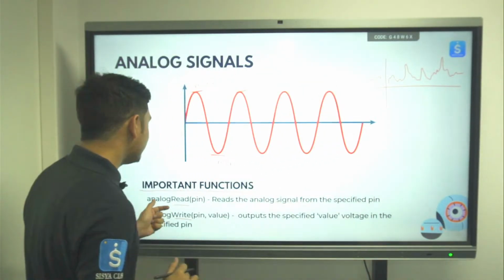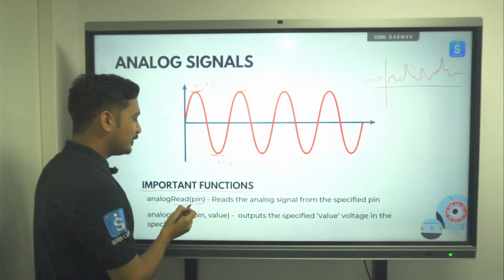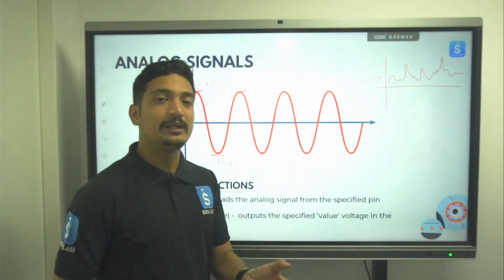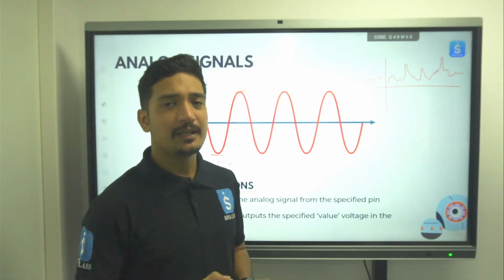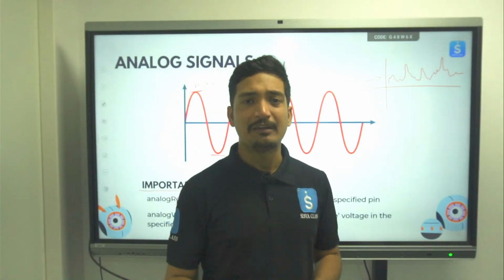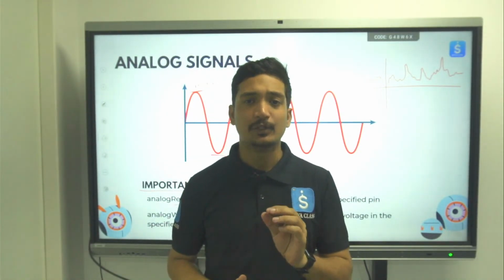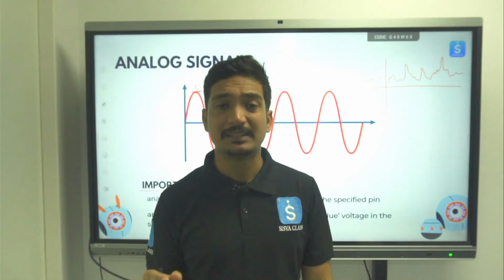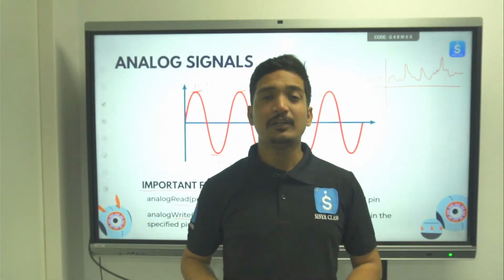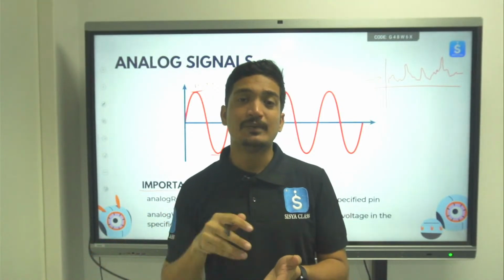So we have analogRead with a pin. Here you will define which pin number you are supposed to read the analog signals from. It can be A0, A1, A2, A3, A4, A5. If you remember, we had a total of 6 analog pins in our Arduino Uno board. Whenever you are writing the name of a digital pin, you'll just write the number.